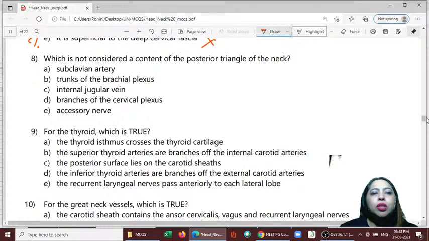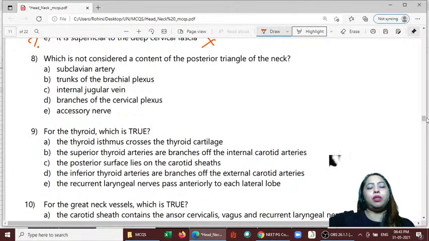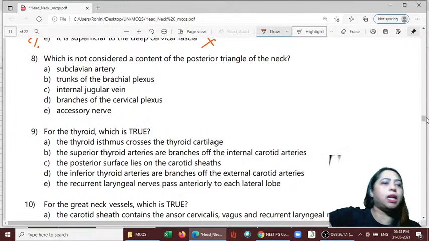Eighth one, which is not considered a content of the posterior triangle of the neck. There are various contents. Which one is not a content of the posterior triangle of the neck? They are asking you.